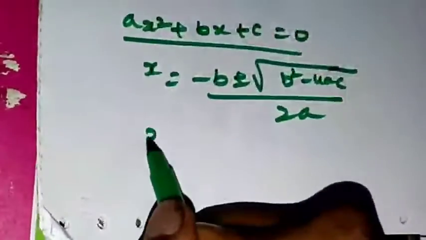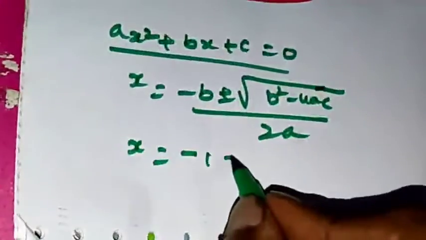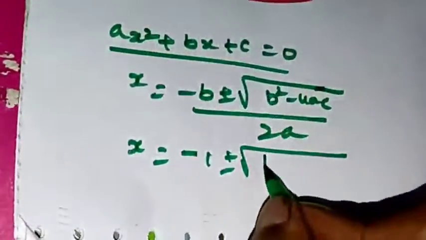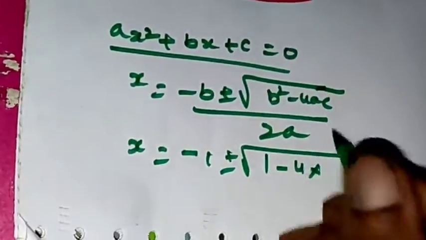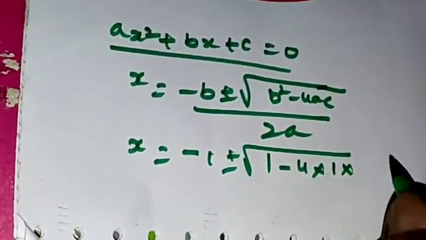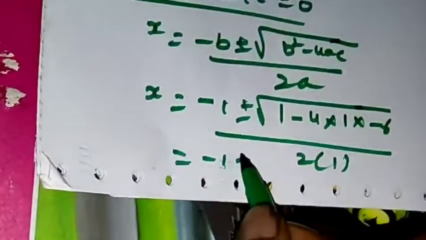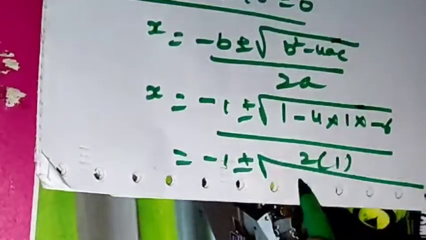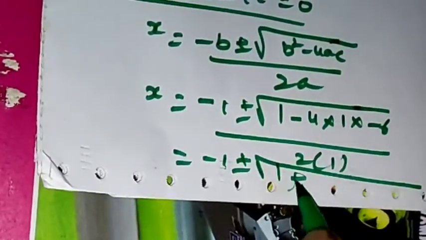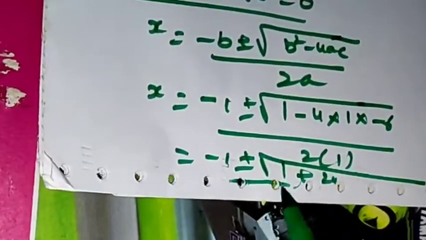Minus b is minus 1, plus or minus root of 1 square is 1, minus 4 into a value 1, c value minus 6, by 2 times 1. Minus 1 plus or minus root of 1 plus 24, by 2.